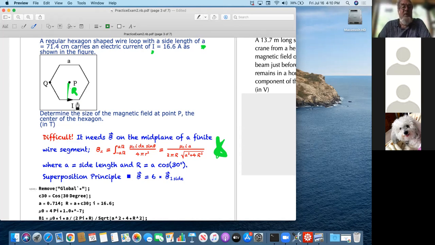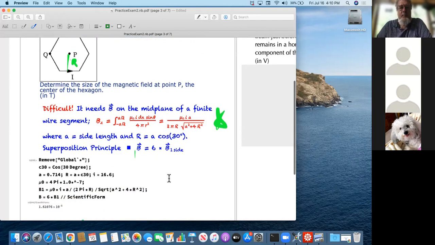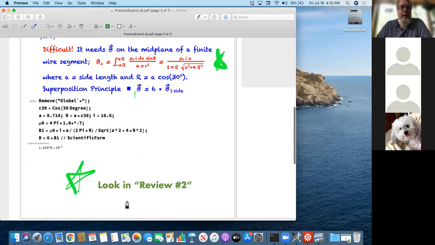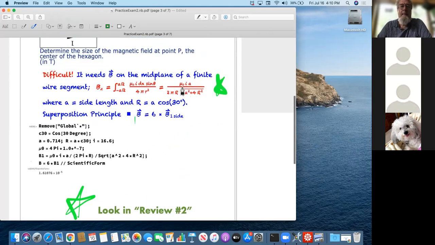Now, of course, in this case, there are 6 wire segments, and they each make the same contribution by the right-hand rule. So the magnetic field at P will just be 6 times the magnetic field from one side. And as I say, look in review number 2 to find this equation.